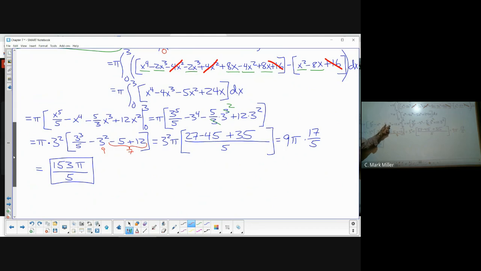That's x cubed, right? For the 3. Plus 12 times 9. Is that 108? Could you imagine if I didn't factor the 3 out, 3 squared? Those numbers would be huge. Actually, these right here. Those numbers would be huge.